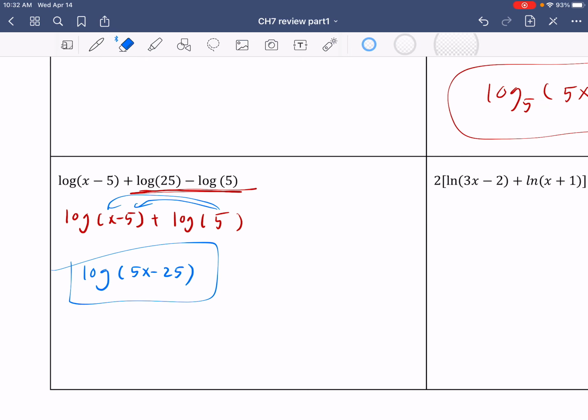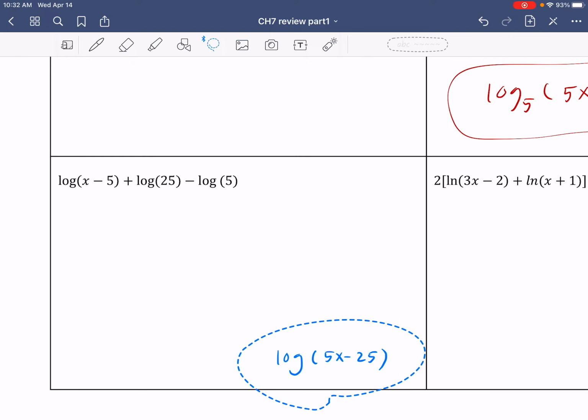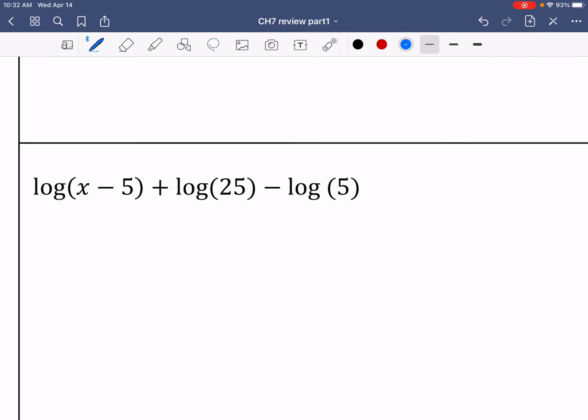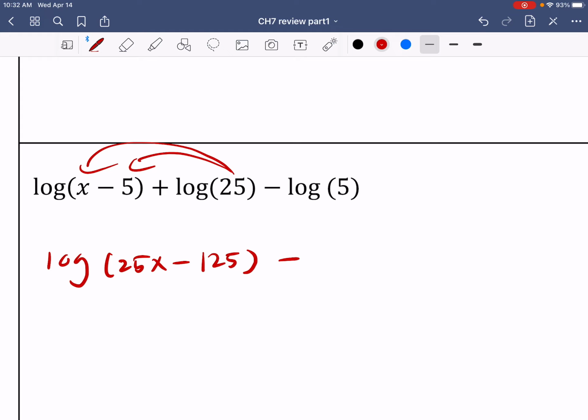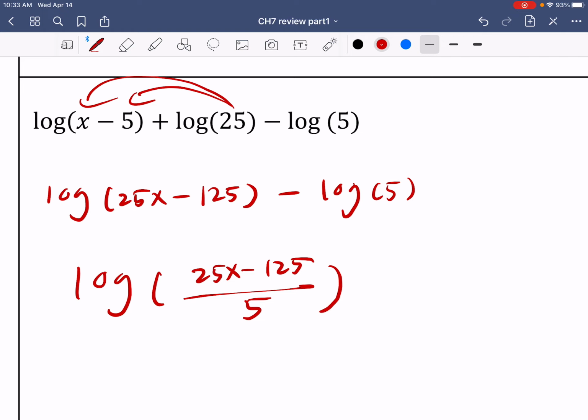Let's say you just wanna do it in the order that you're supposed to. Let's see if we get the same answer. Let me demonstrate. If you want to do it in order, you can just distribute like that. So you're gonna get log 25x minus 25 times 5 is 125, minus log 5. And still they have the same base, and since it's minus, you're gonna divide, which you will get 25x minus 125 over 5, right?